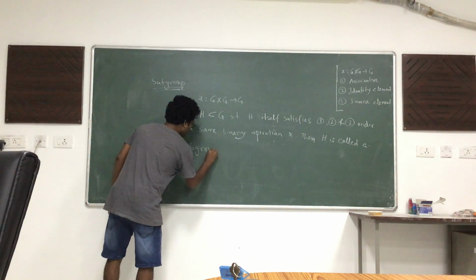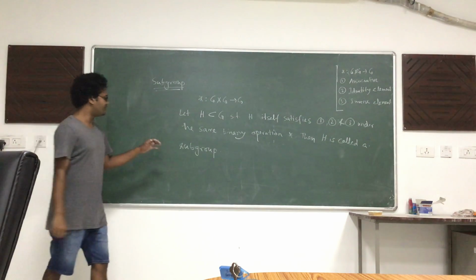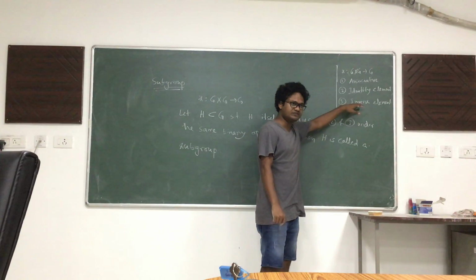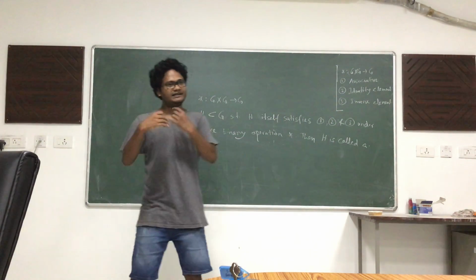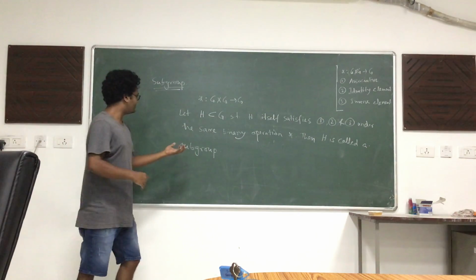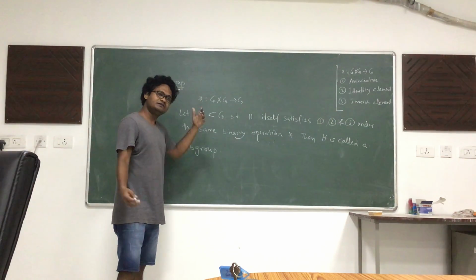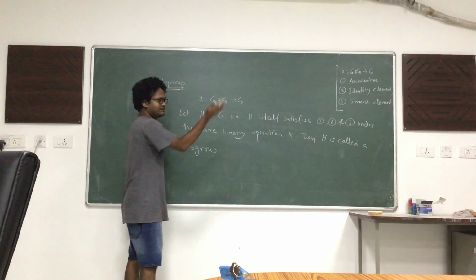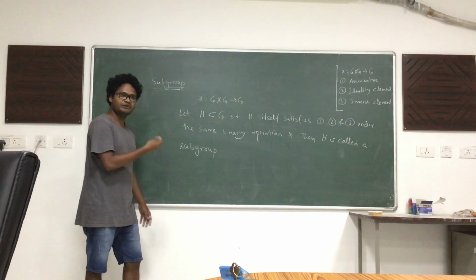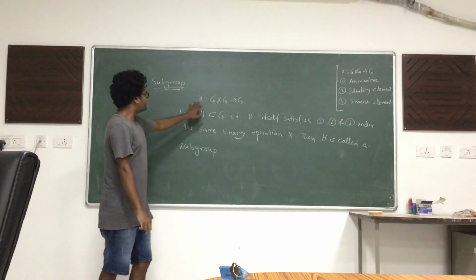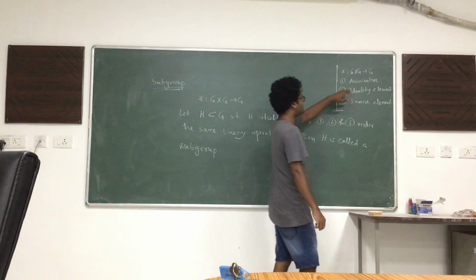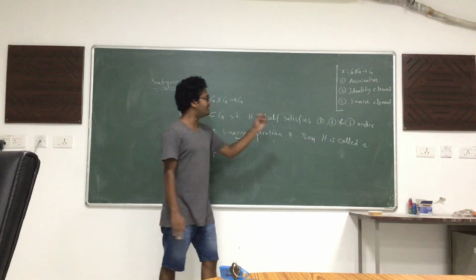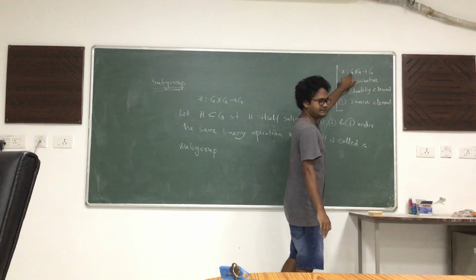So this subgroup, sub-vector space, subfield and all these things will come over and over again. So basically whatever structure we have given to a set, if some subset of that satisfies all these properties under the same binary operation, then we call it a subgroup. Of course, we don't have to explicitly check associativity because any subset you take, associativity will already be there because it's already given in this set.